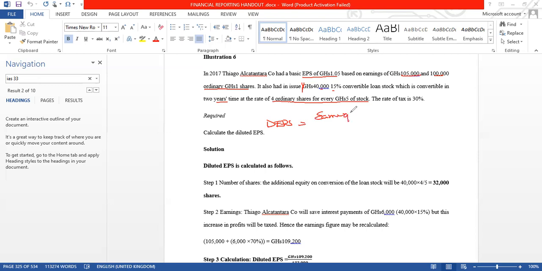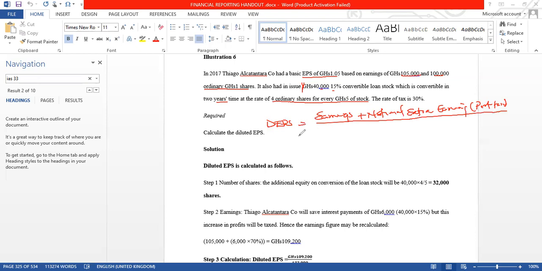Earnings, and this is the earnings that you use to calculate your basic earnings, plus what? Notional, the one that will be derived when it is converted, all right, when the convertibles are converted. Notional extra earnings, and like I said, is what? Post-tax, all right, it's post-tax.